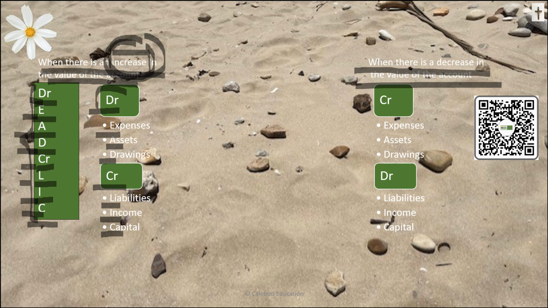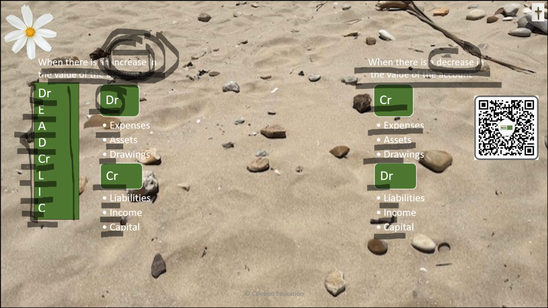So instead of debiting, now there is a decrease in the value of the account. We credit the following classes: expenses, assets, and drawings, and then we debit liabilities, income, and capital. So do you see, we start here when there's an increase. That's when DEADCLIC applies. When there is a decrease, DEADCLIC is the opposite.